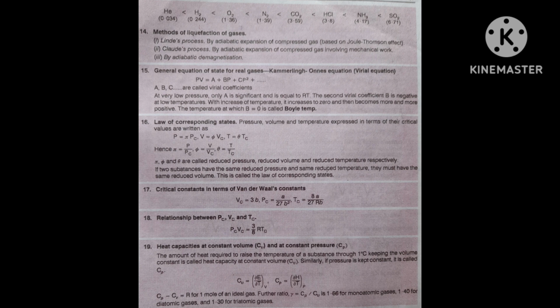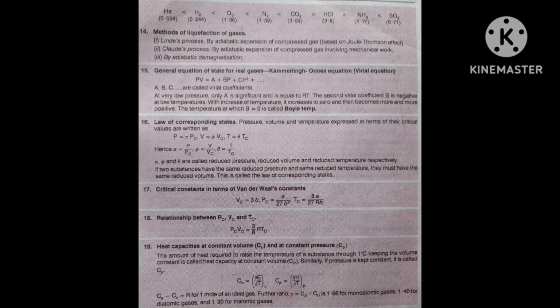And phi is related to volume, that's why it is called reduced volume. And theta is related to temperature, that's why it is called reduced temperature.